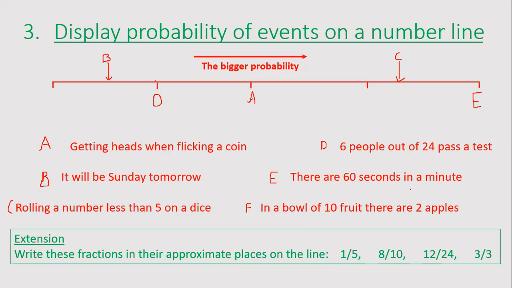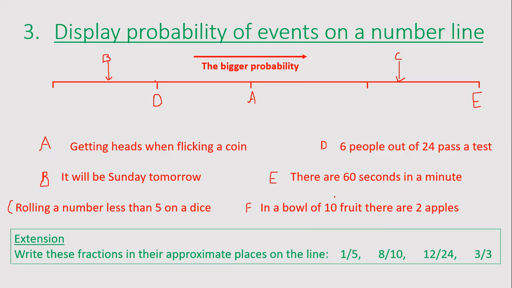So in a bowl of 10 fruit, there are 2 apples. That's quite an ambiguous, quite a challenging one, because what other fruits could be in there? Could be bananas, oranges, satsumas. I think that's a harder one to answer.